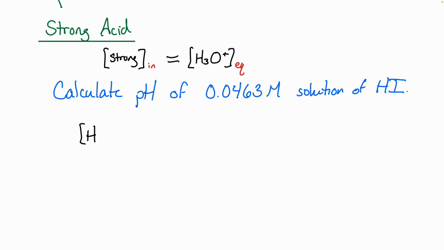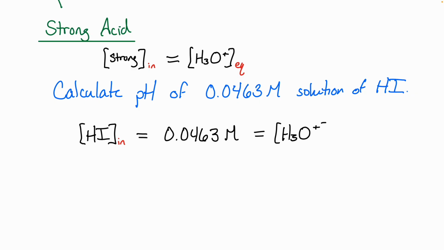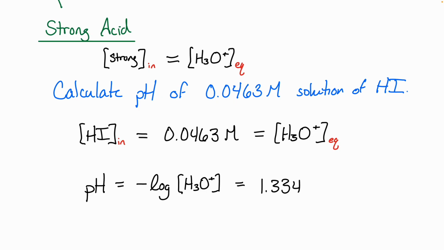So my concentration of HI that I prepared this solution with is equal to that 0.0463 molar, but I know that's also my concentration of hydronium when this reaction reaches equilibrium. And since I know my concentration of hydronium, I can just go ahead and use our definition of pH, negative log of that hydronium ion concentration, plug it into my calculator, 1.334419, etc.